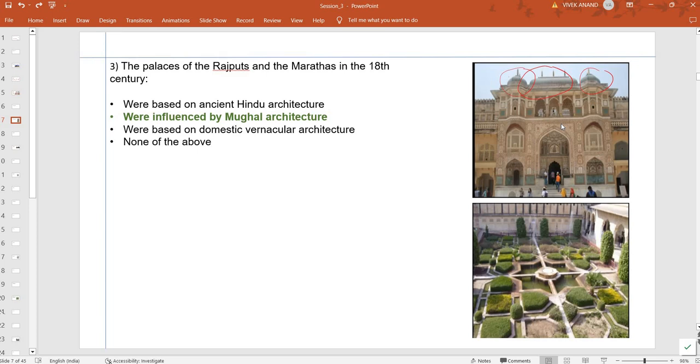What you can see in this picture? It is divided into four parts. Geometric pattern. Yeah, and it looks like a garden also. So this is influenced by which element of Mughal architecture?